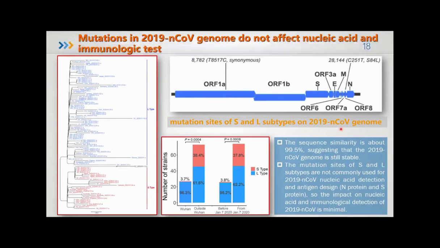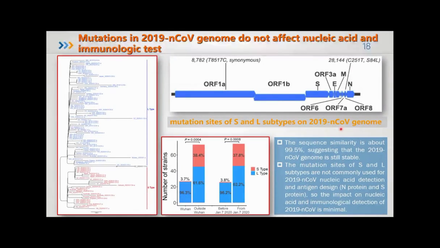Genetic analysis identified mutations in 149 sites across 103 2019 novel coronavirus strain genomes. The sequence similarity is about 99.5%, suggesting that the 2019 novel coronavirus genome is still stable.